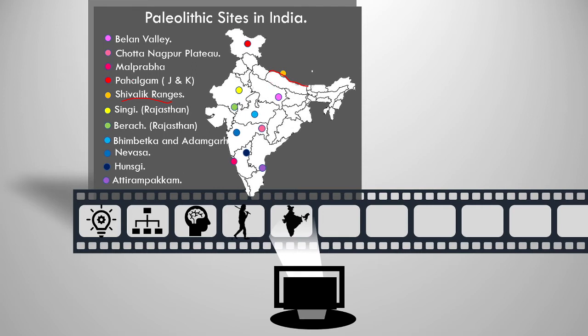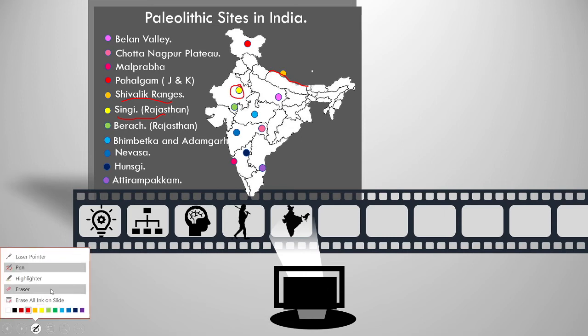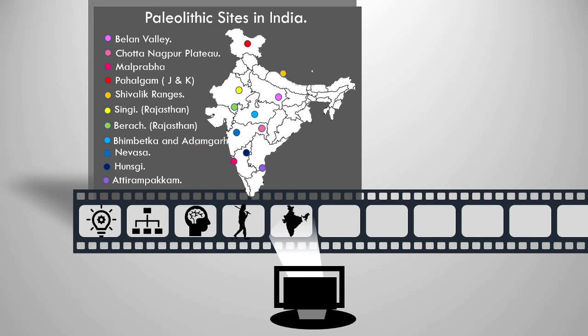Next is Singhi. Singhi is in Rajasthan, in eastern Rajasthan, right over here. Next is Berach. Berach is also in Rajasthan, in southern Rajasthan. Can you see this green dot? Yes. Now next is Bhimbetka and Adamgarh. Bhimbetka and Adamgarh are in the central part of India, in central Madhya Pradesh.